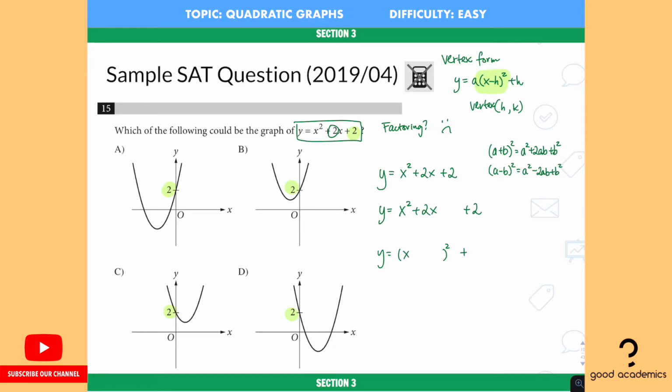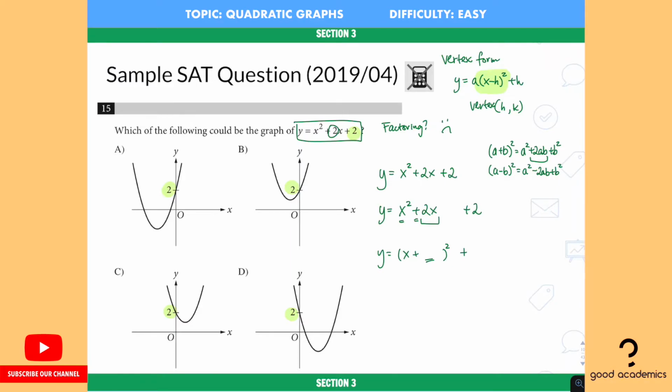Now, first, we must have x because that's x squared. This is a plus, so we know it's a plus. But now, what is this number right here? Well, that depends on the middle term. If you look at the middle term right here, that is 2 times a times b. Let's do a little bit of identification.